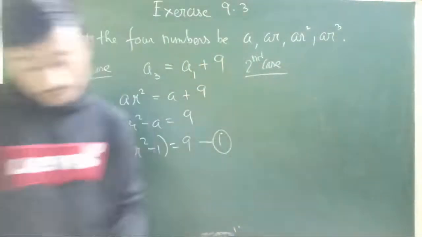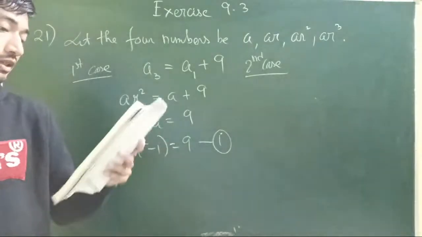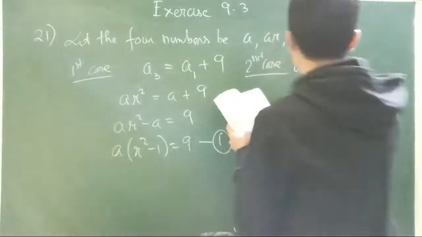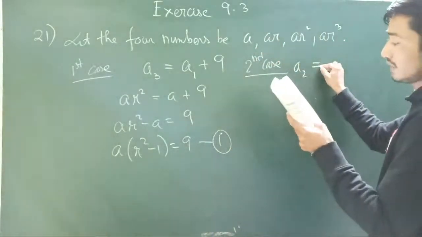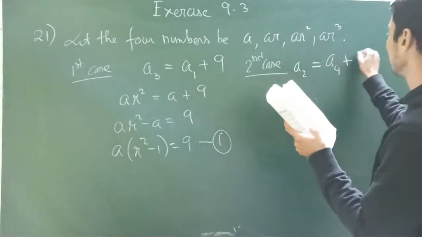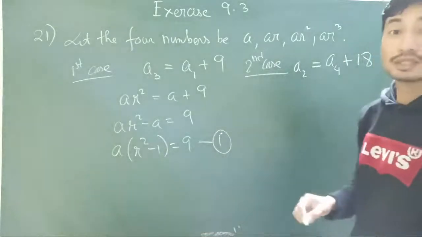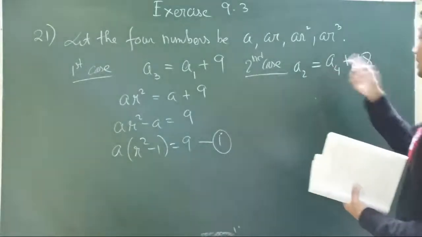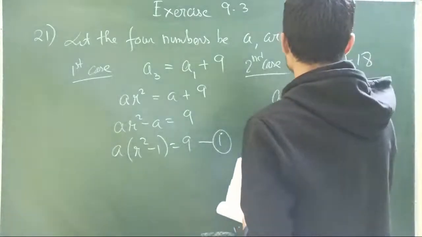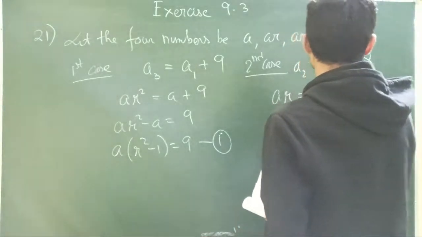Second case: the second term is greater than the fourth term by 18. Alright, let's see what we have from here. So that's ar is equal to ar cube plus 18.